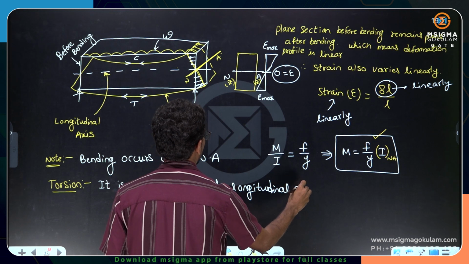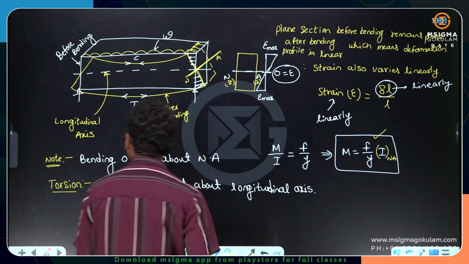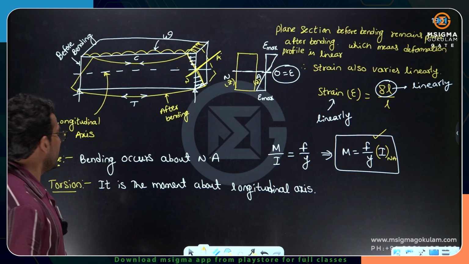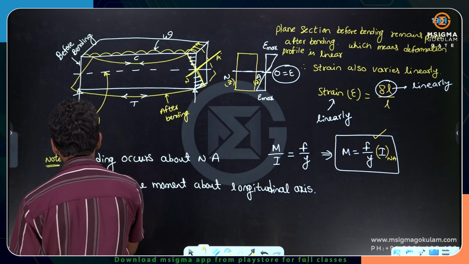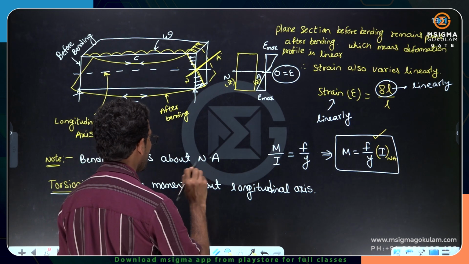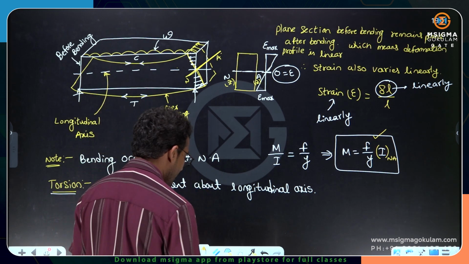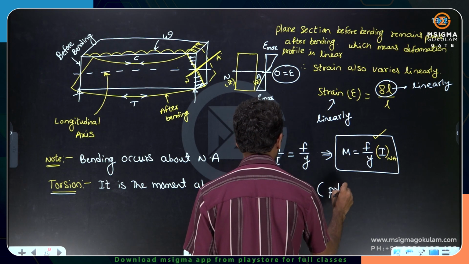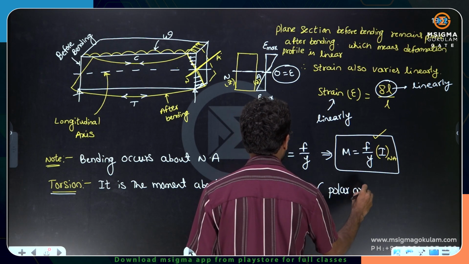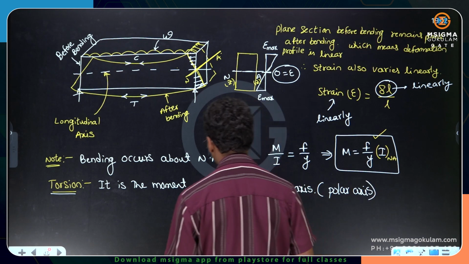It is a moment about the longitudinal axis which is called torsion. So whenever torsion comes, we always use the moment of inertia about the longitudinal axis. This longitudinal axis is also called the polar axis, which is perpendicular to the cross-sectional axes.